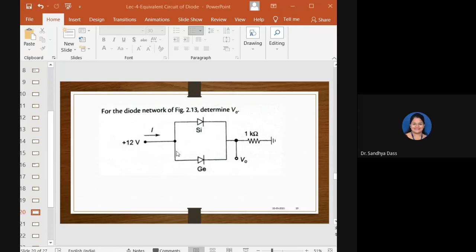So the circuit path will be this. There will be no chance for the silicon diode to get turned on or to conduct at all, because the circuit path will be via the germanium type of diode, because its cut-in voltage is 0.3 volts. So just as the applied voltage crosses 0.3 volts, this diode starts conducting. So the circuit path would be this.